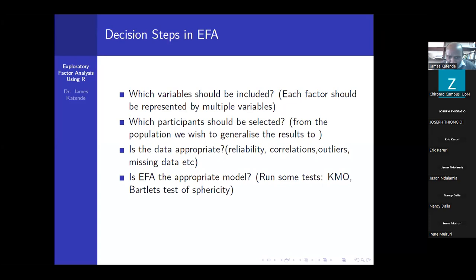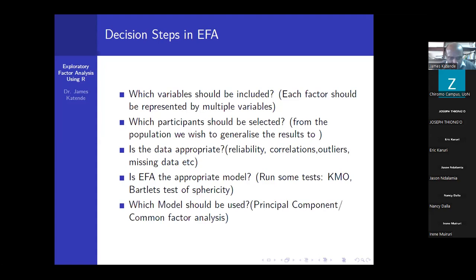So you could run some tests to check if the exploratory factor analysis is the appropriate model. And we have the KMO and the Bartlett's test of sphericity, which will help us determine whether the model is appropriate. So in running the model, you can either use the principal components or the common factor analysis.